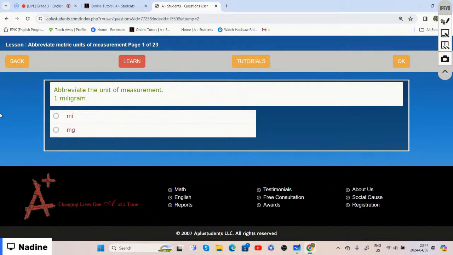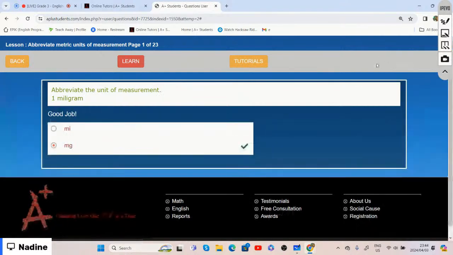All right, and if we choose the correct one, we can say it's MG for milligram. So well done. MG is correct.